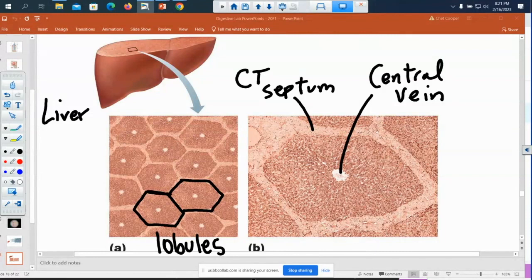So if we were to zoom up far enough, we would see that those cells, all of these, are little cuboidal cells. Therefore, if you're asked the tissue type, it's cuboidal epithelium. But the cells also have a name. It's the fancy way to say liver cell.